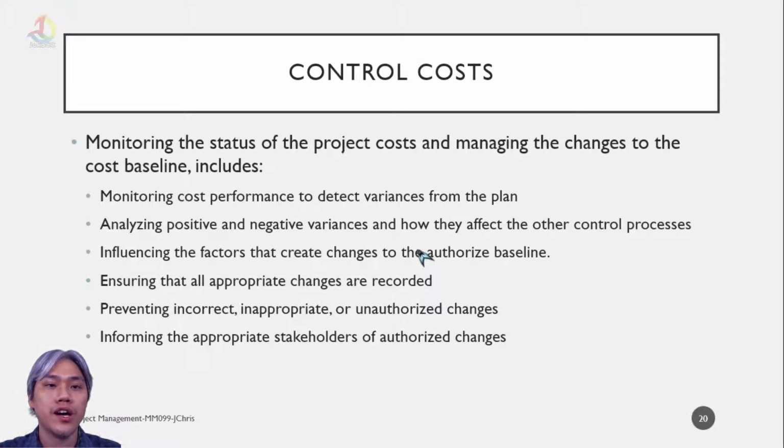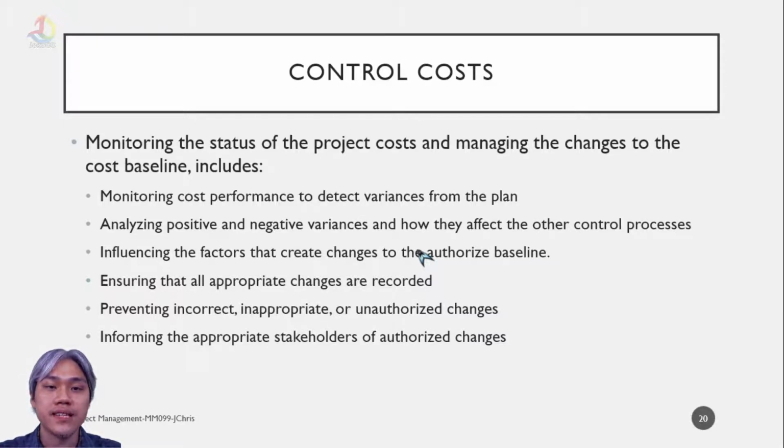To control costs, we need to use monitoring techniques to monitor the status of project costs and manage changes to the cost baseline. This includes monitoring cost performance to detect variance from the plan, analyzing positive and negative variances, the differences being sometimes higher or lower, and how they affect the other control processes.